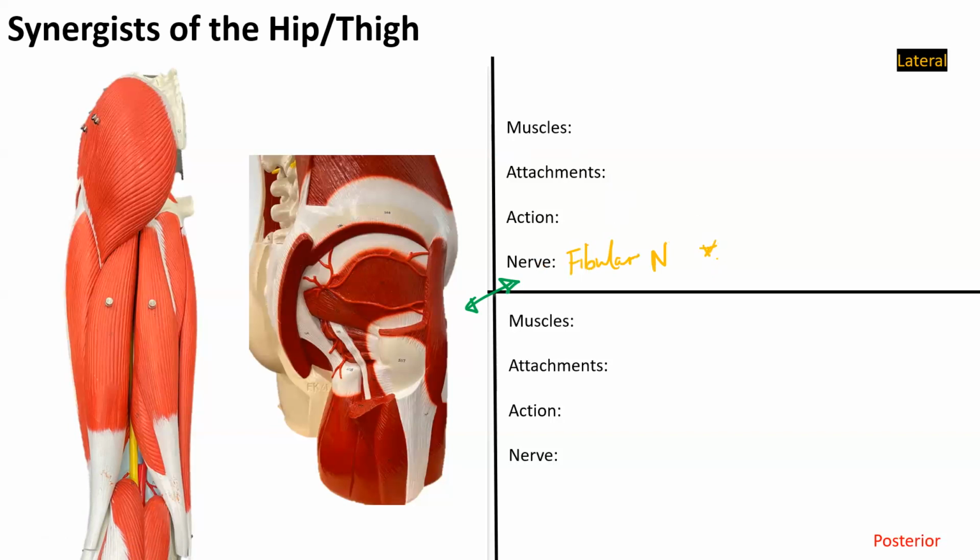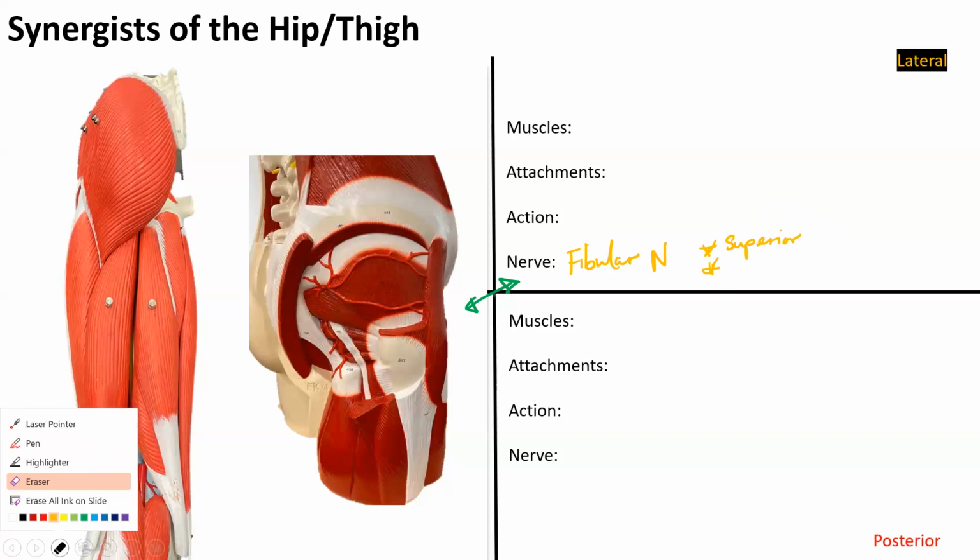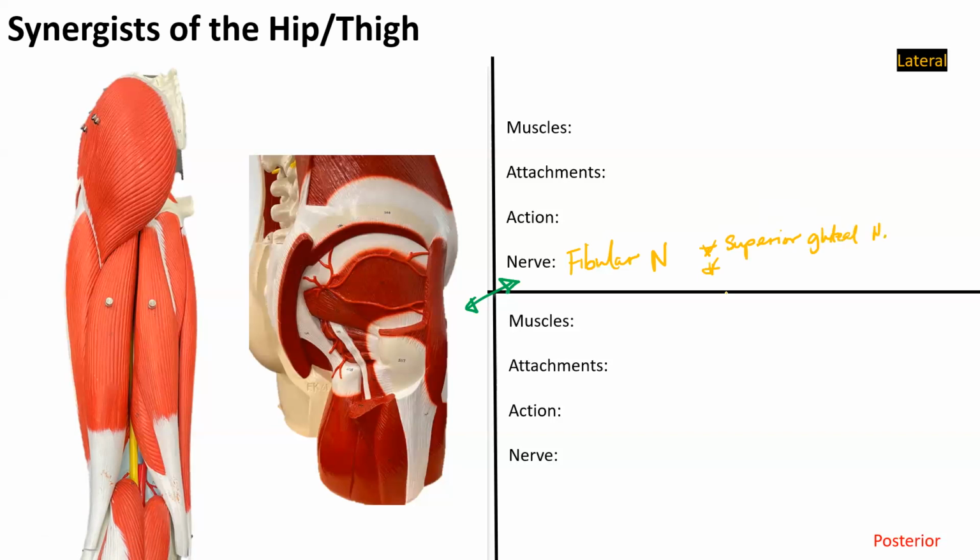However, some of the innervations are going to be more specific, and that is going to be superior gluteal nerve, and then inferior gluteal nerve. Those are the two you want to think about.